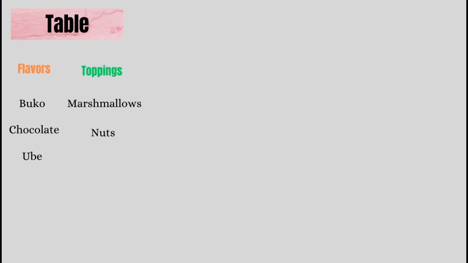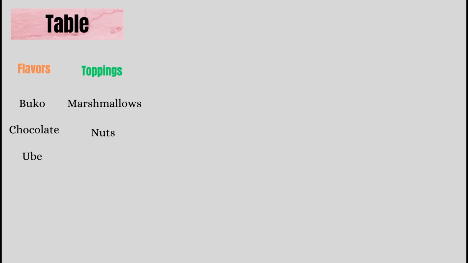Using the same problem, let's use the table method. First, identify the objects in the problem. We have 2 categories or 2 groups, which are the flavors and the toppings of the ice cream. Under the flavors, we have buko, chocolate, and ube. Under the toppings, we have marshmallow and nuts.